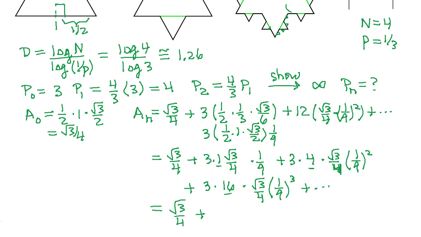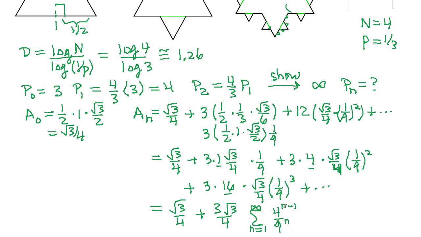So we'll have 3 root 3 over 4, and then we'll be summing up powers of 4 over powers of 9. In this term, we've got 4 to the 0 power, 9 to the first. Here we've got 4 to the first power, 9 to the second. So if we start n at 1, this will be n, and then this will be n minus 1, and go up to infinity.